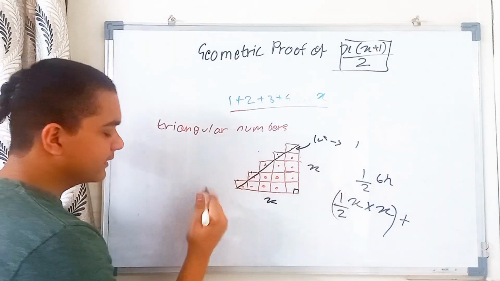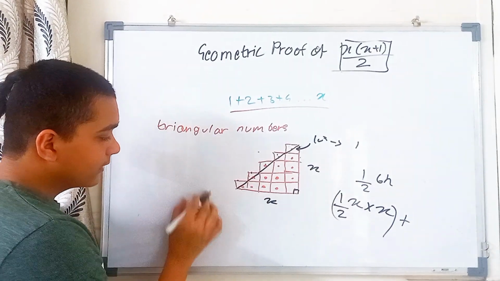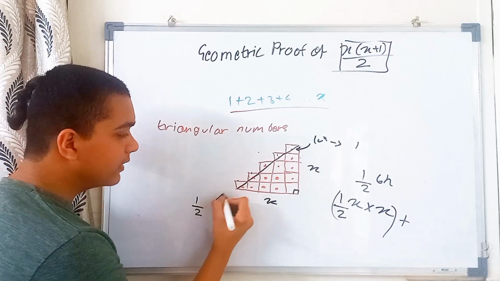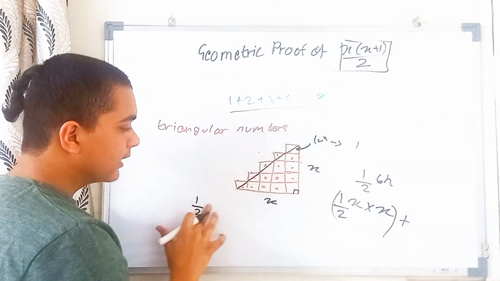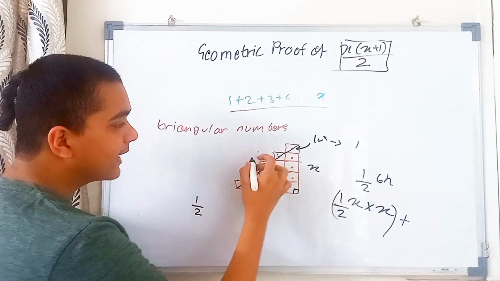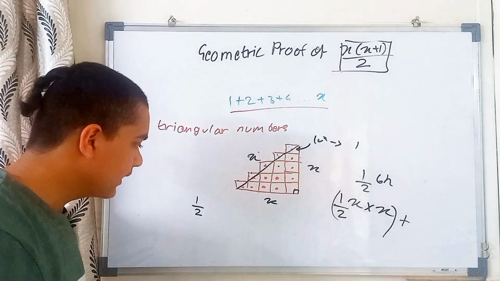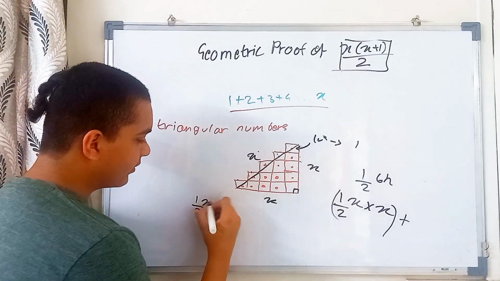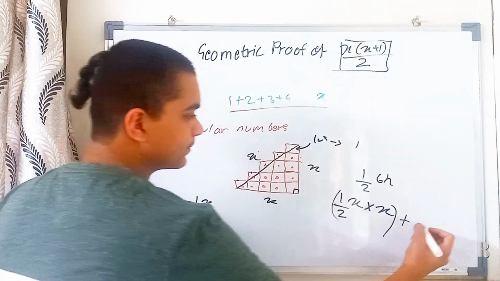Each of these is half of one, so this is the area of a single one of these. But if you need to find the area of the total, if you count the total, you will get x of these half squares. So half x is the area of these.